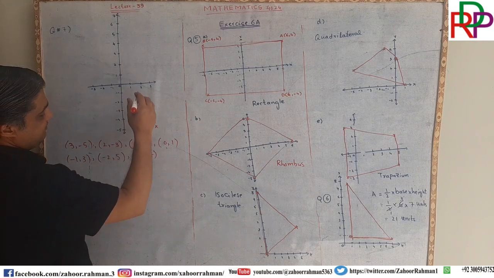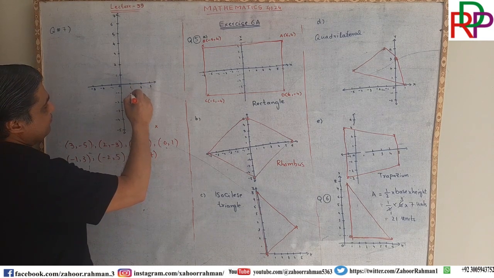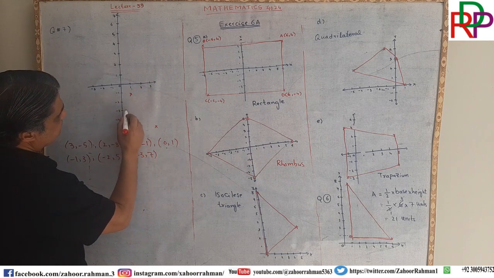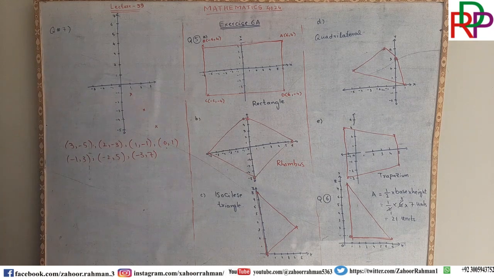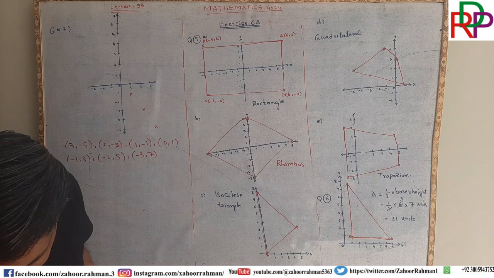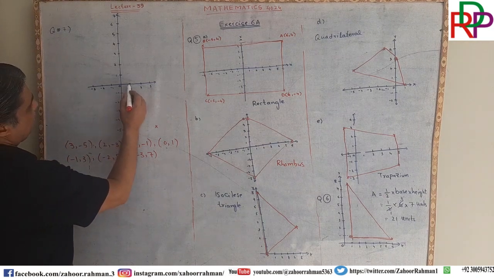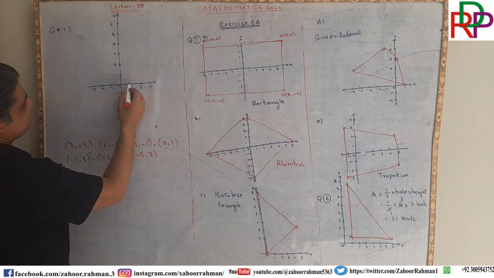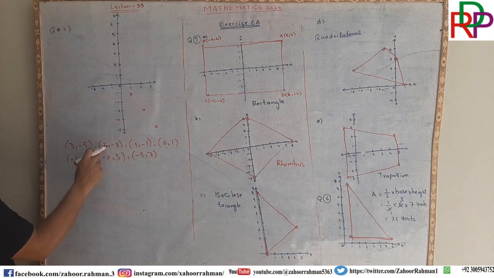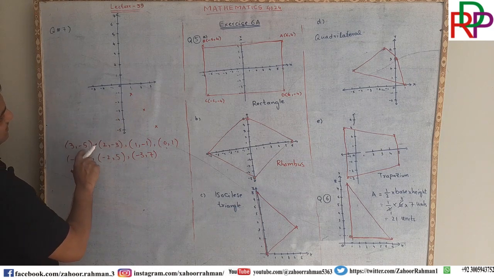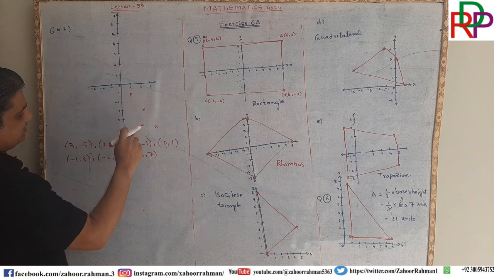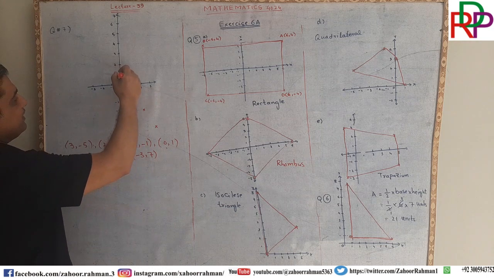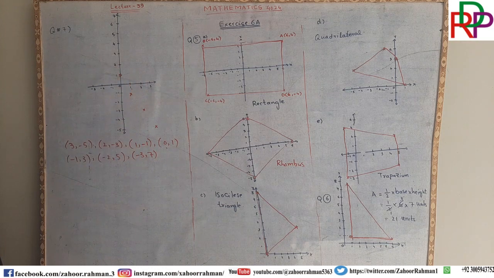Then 1 minus 1, and that will be somewhere here. Then 0, 1, and that will be this point.